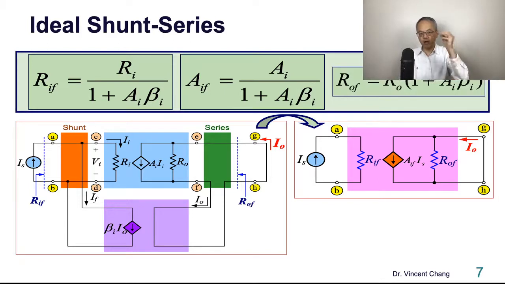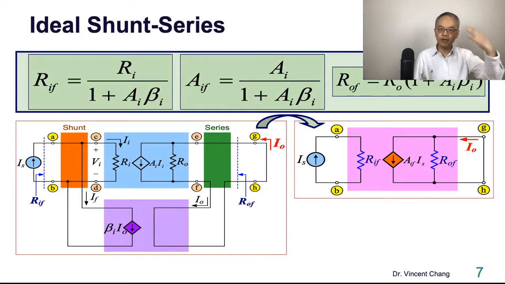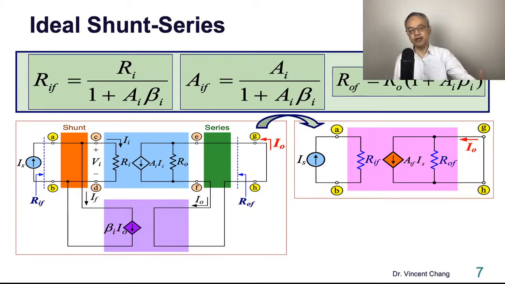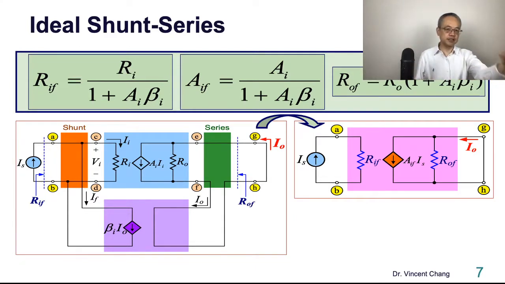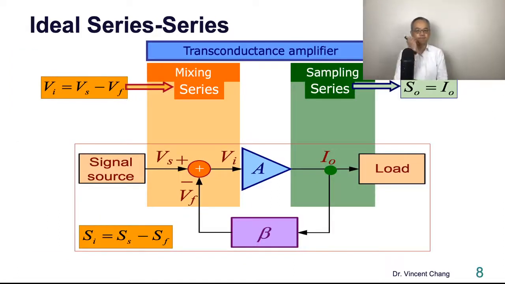So the same argument can apply to the current amplifier. If you are not satisfied with the input resistance and the output resistance of your existing current amplifier, maybe you can consider applying feedback. What feedback? The shunt-series feedback, because it instantly makes the input resistance go down and the output resistance go up.